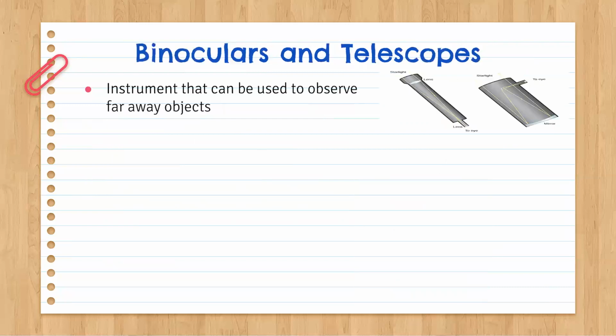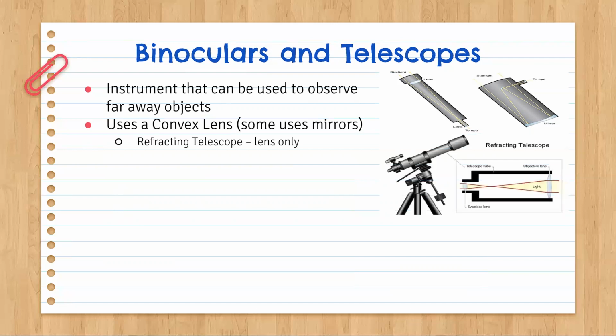Let's proceed with the binoculars and telescopes. Both are used as instruments to observe faraway objects. They use a convex lens, and some use mirrors. Telescopes that use lenses only are known as refracting telescopes.